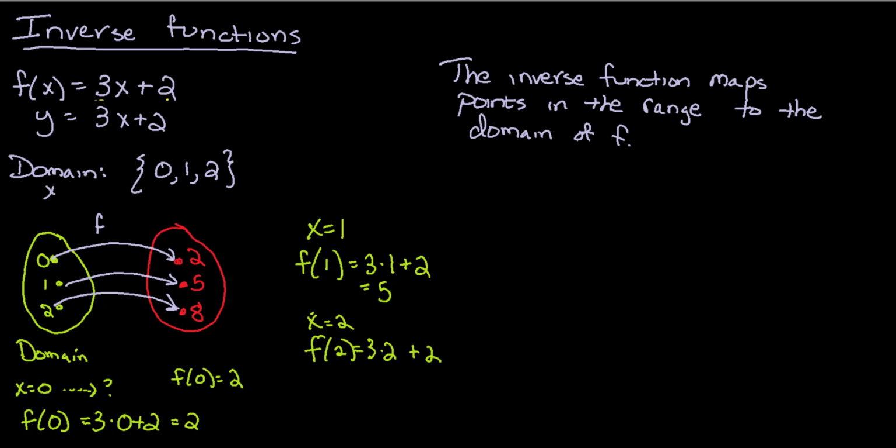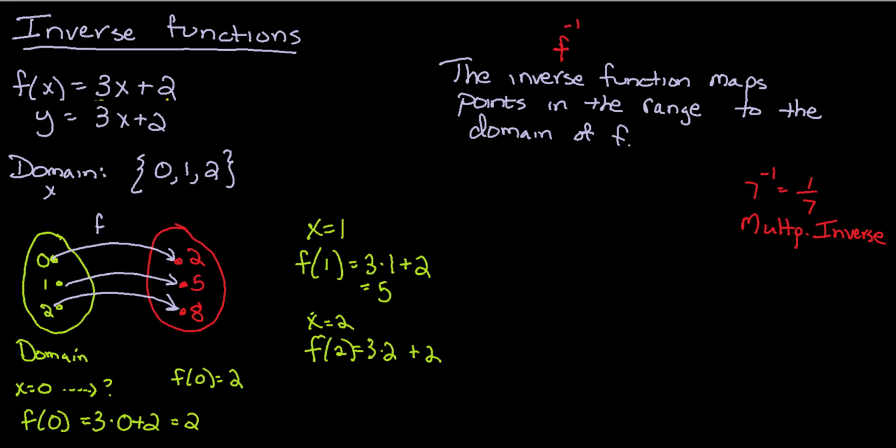The notation we often use for the inverse function looks like f with a superscript minus 1. I need to be very, very careful here. Normally if I saw 7 to the negative 1, I would assume that means 7 goes in the denominator, the multiplicative inverse.